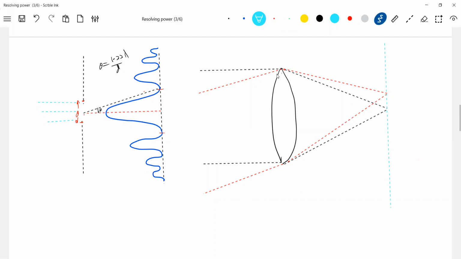Now, what is this red color, blue color? They are the rays emitted from the distant stars. Light, this is star one. There's a light, star two. So the eye which is present here, and there's an objective lens.